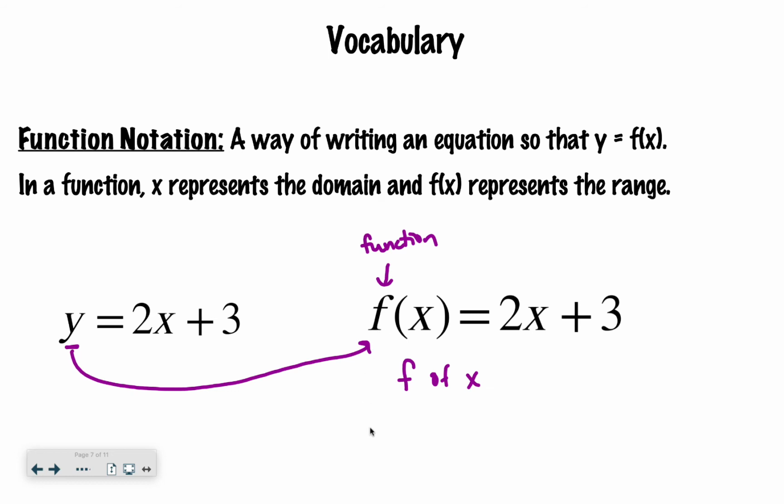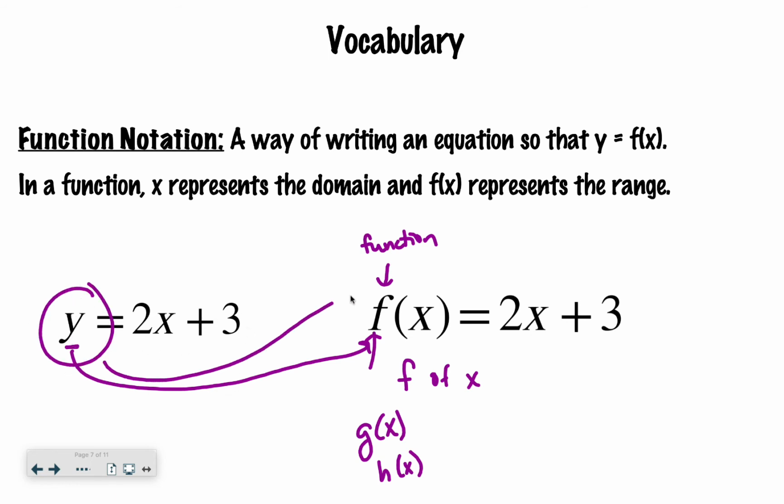This f could be g of x, it could be h of x. So different letters get used other than the f. But f is the most common, and then g and h are the other 2 really common letters used to represent functions. Okay? So the only thing that changes with function notation is the y becomes f of x.